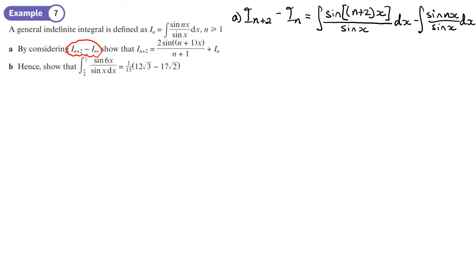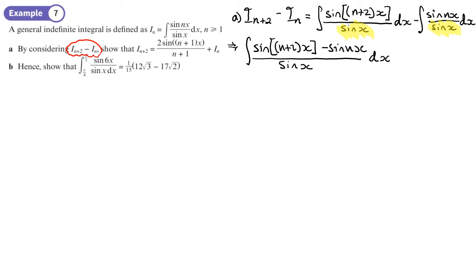Okay, that's step number 1. Now, I would have a look at this and say, right, these are over the same denominator, so let's put that all as one integration. So we would get next the integral of sine of (n plus 2)x minus sine nx all over sine x. So that would be my second step here.